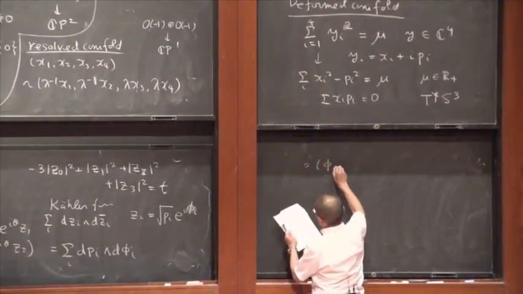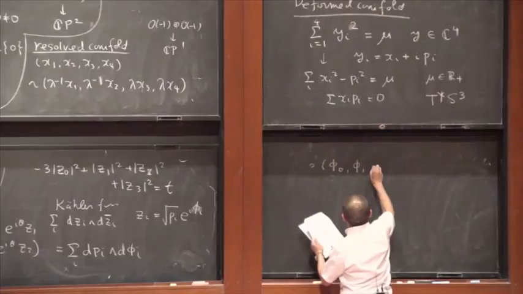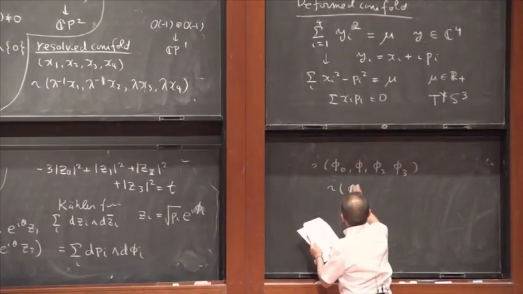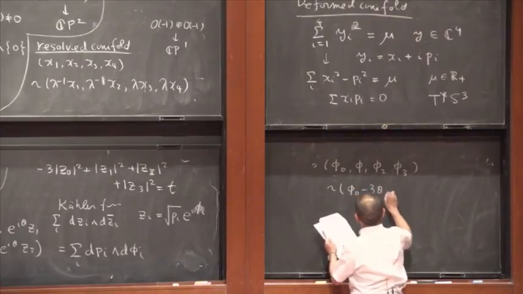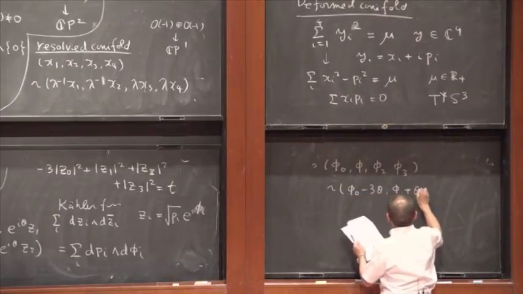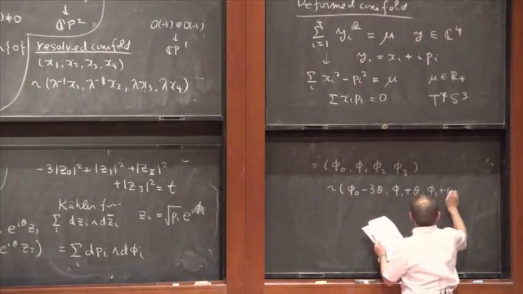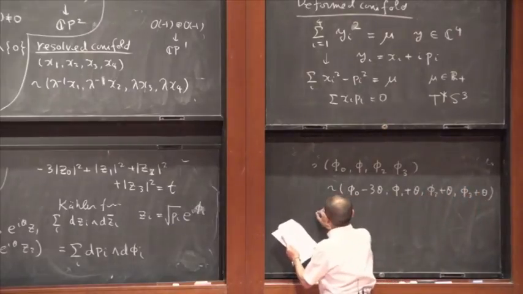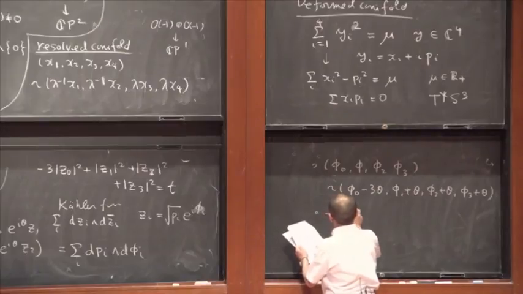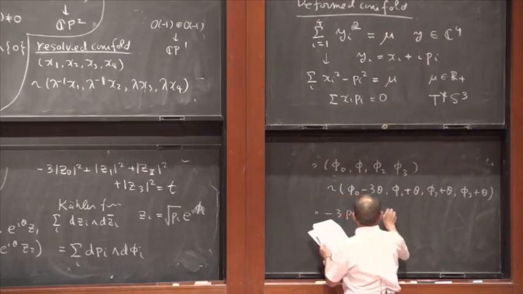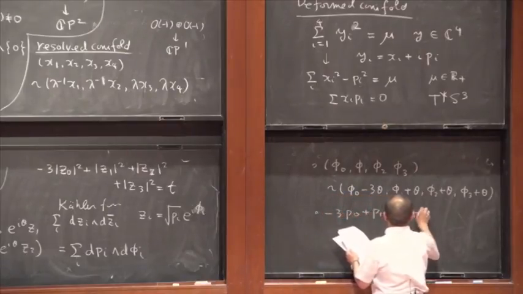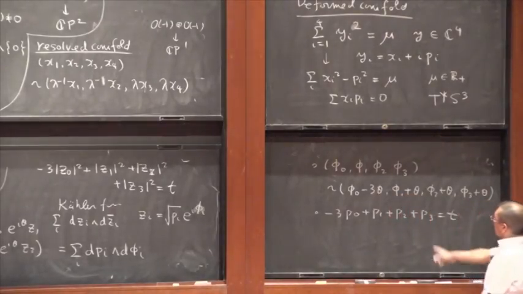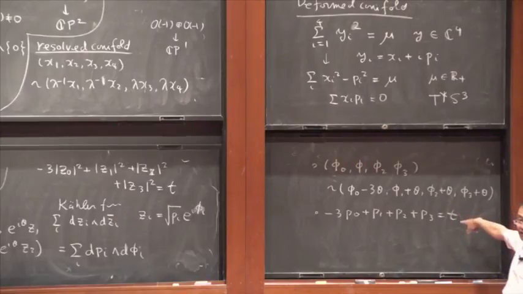the gauge symmetry takes phi 0, phi 1, phi 2, phi 3 to phi 0 minus 3 theta, phi 1 plus theta, phi 2 plus theta, phi 3 plus theta. And then the Gauss law constraint is minus 3 p0 plus p1 plus p2 plus p3 is equal to t. So you can see that things are linearized here.